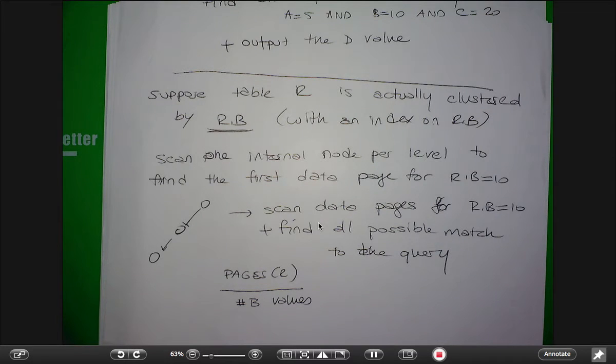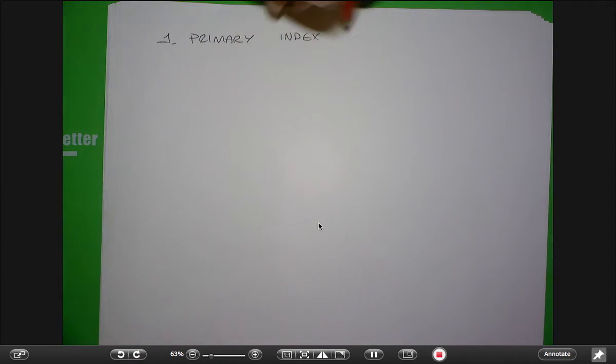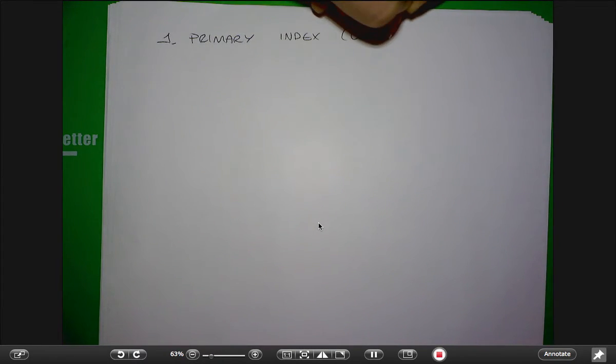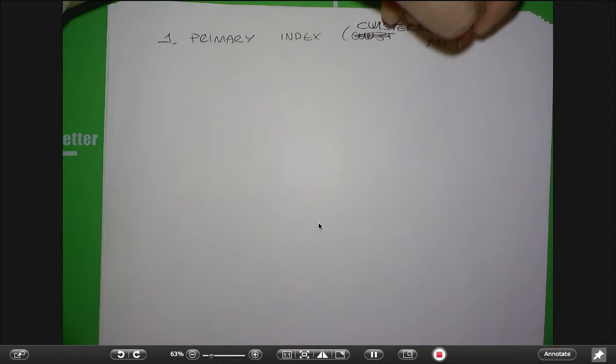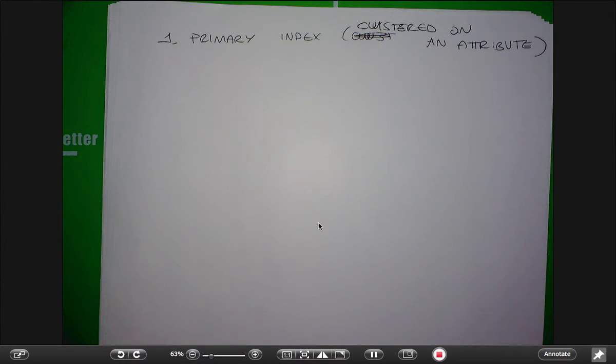Indices can be used in 3 separate ways, and this is the important thing to get out of this lecture. One is a primary index, clustered on some attribute. That basically means you only have to scan that part of the relation that satisfies your query.